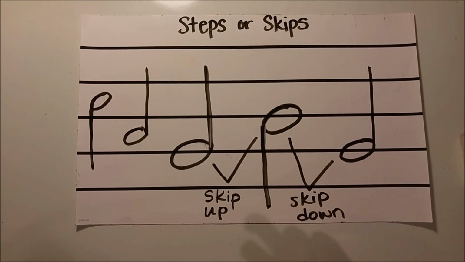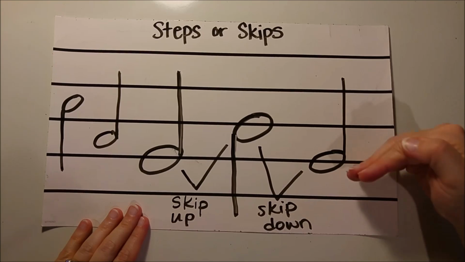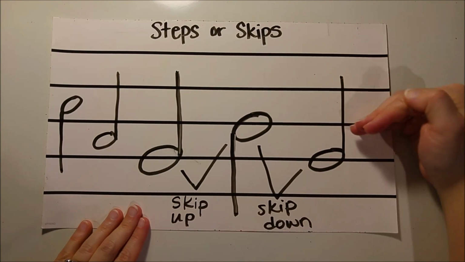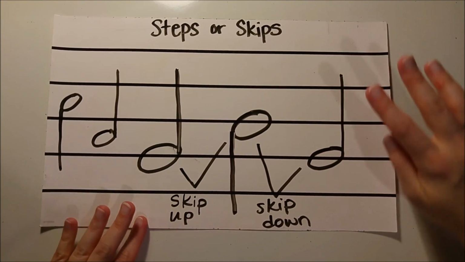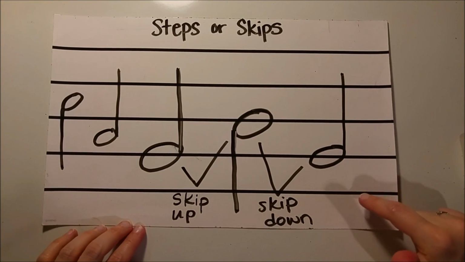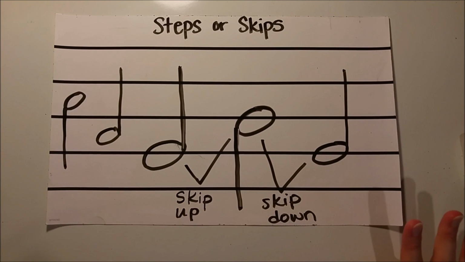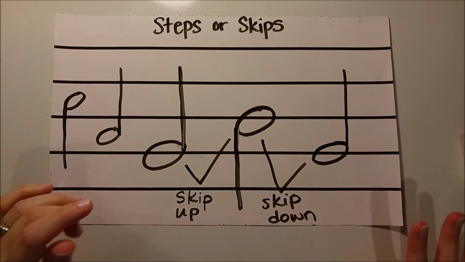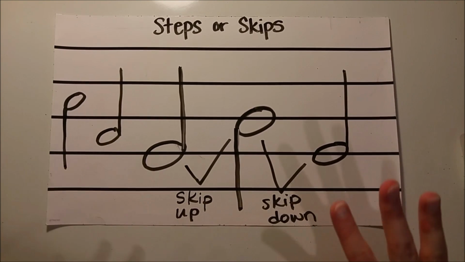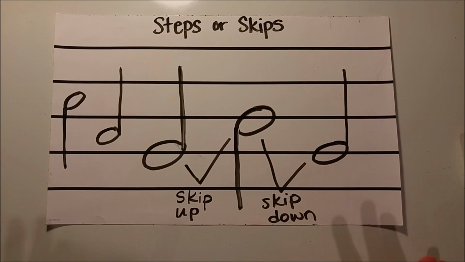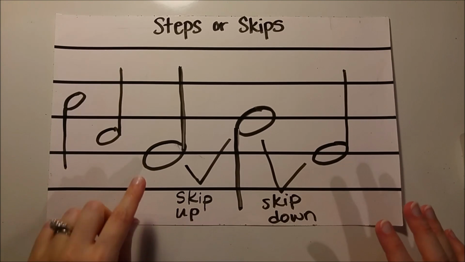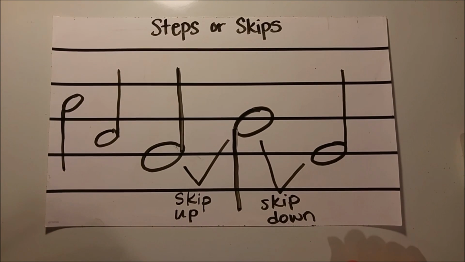Okay, so just to review, the staff is these 5 lines and 4 spaces on which the notes are placed to show you their pitch. Next week, we'll learn which note is called which pitch. The notes can be drawn on the lines or in the spaces.